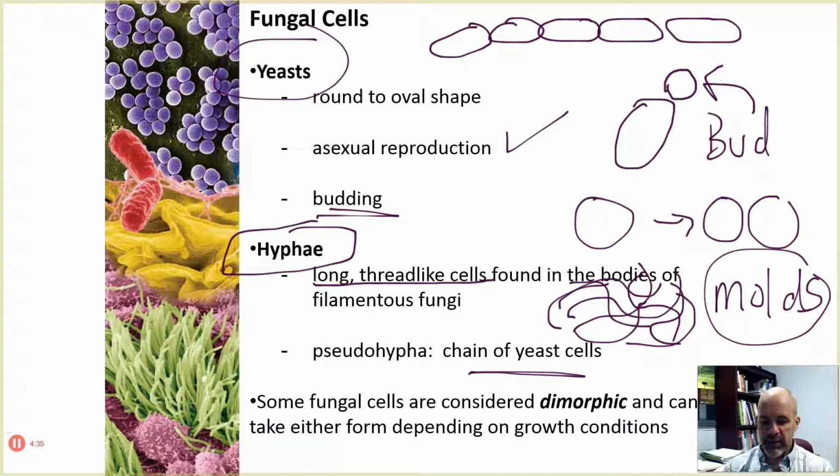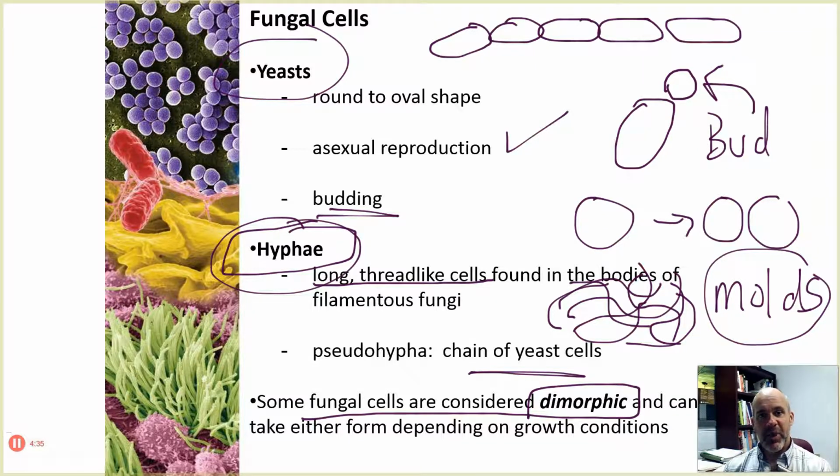All right, there are some fungal cells that are kind of interesting, and they're said to be dimorphic, and morph refers to shape and structure. Di means two, so they can have two forms. These fungi live out in the environment in a mold-like state, so they form these hyphae, these threads.